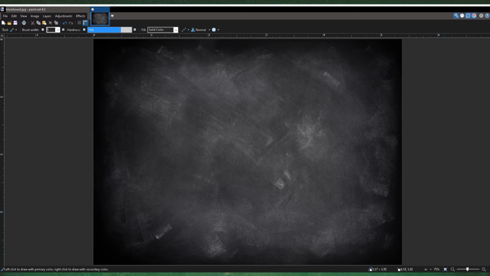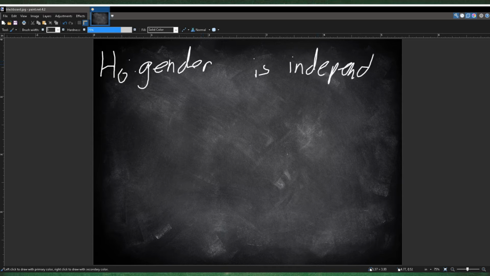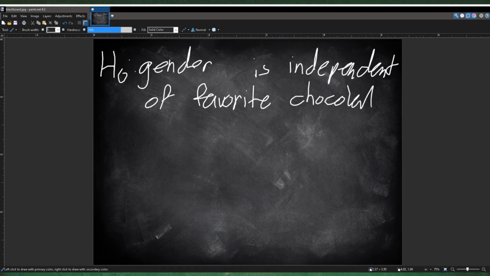So our hypothesis test, right? Our null hypothesis, we have to put everything in context. So gender is independent of favorite chocolate color, right?